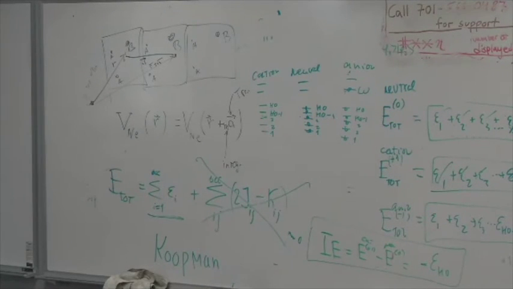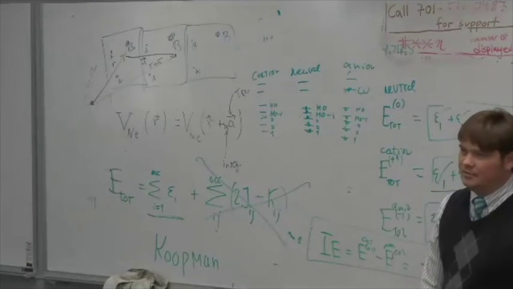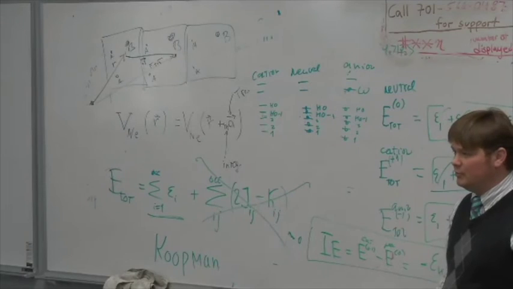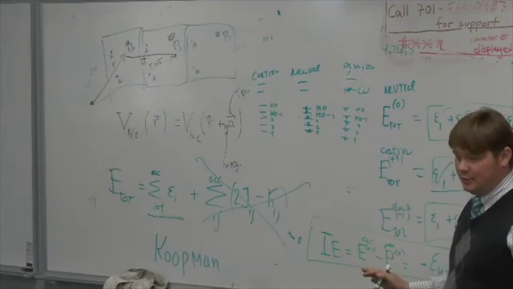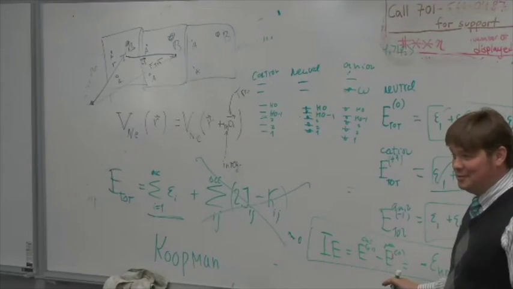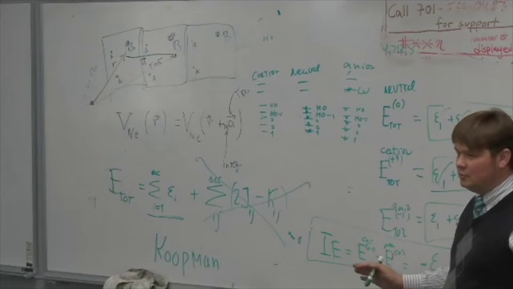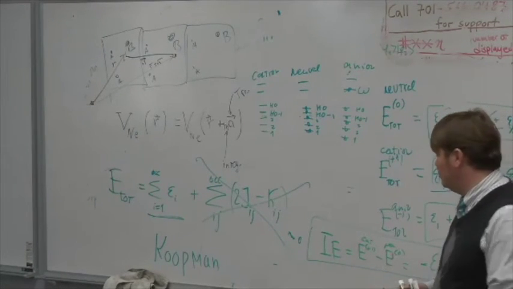Even in the best cases, the neglect of these terms is responsible for about 15% error. So it is a quick estimate. If you don't care about 15%, one can do it. But if one needs to evaluate if a material is a good donor or good acceptor, it could be valuable.